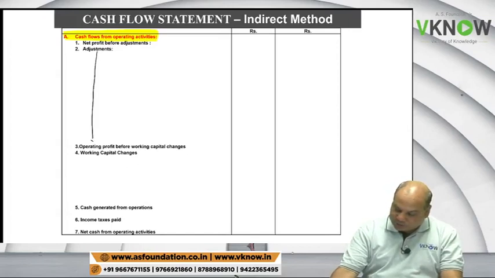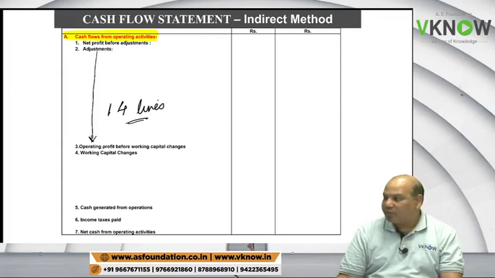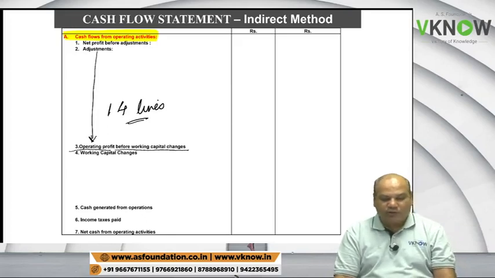After adjustments, keep 14 lines blank, minimum. There are many adjustments. Point number three, write down operating profit before working capital changes.